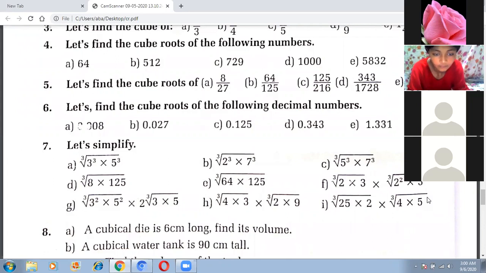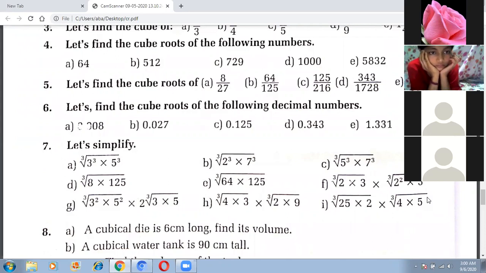First, what is the cube of 2? The cube of 2 is 8, or not? So in place of 8, you write 2 cube. Yes? What is the cube root of 125? Sorry, the cube of 5 is 125. So in place of 125, you write 5 cube.